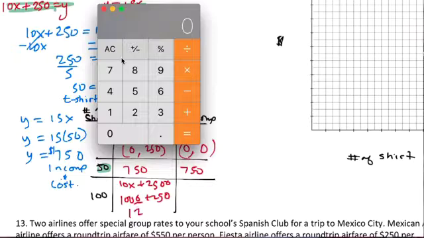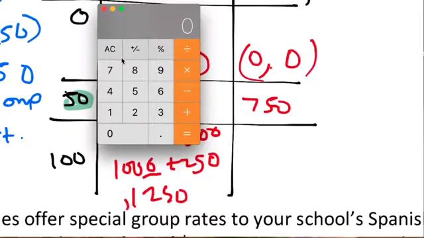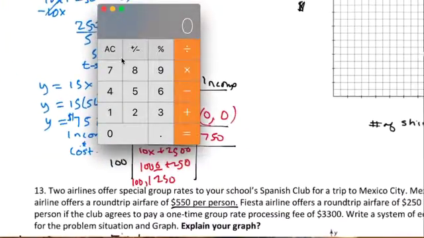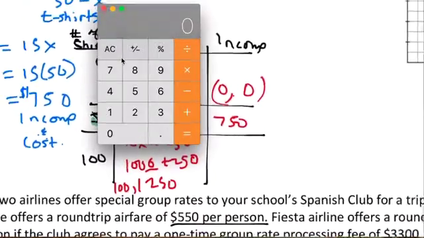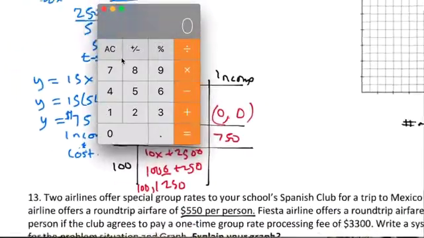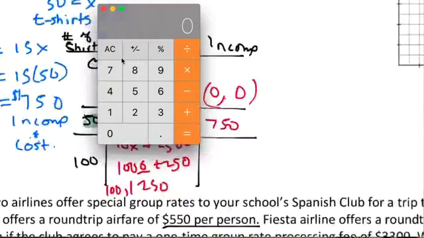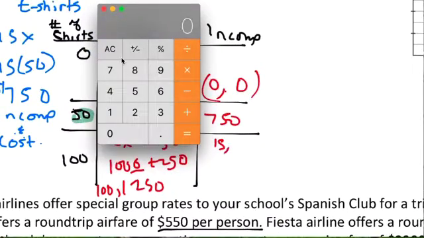So 1,250. Okay, if you ordered 100, income would be 15 times 100.